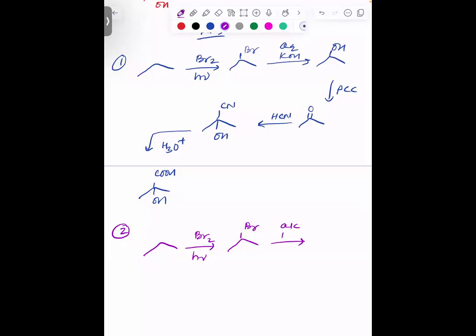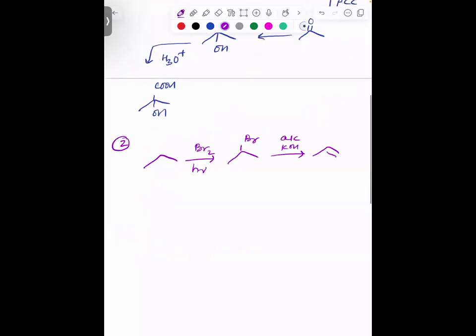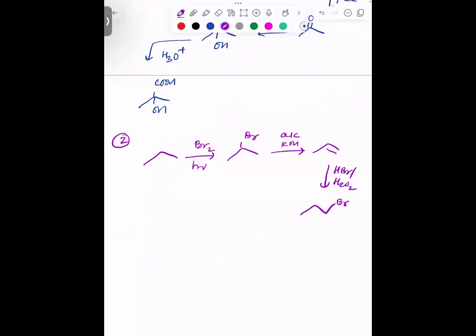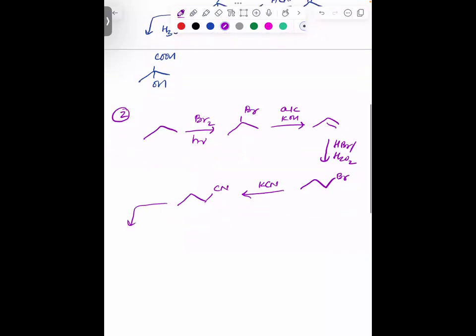So alcoholic KOH will give propene, then addition of HBr in the presence of peroxide. Okay, then 1-bromopropane, then cyanide, then hydrogenation, palladium.